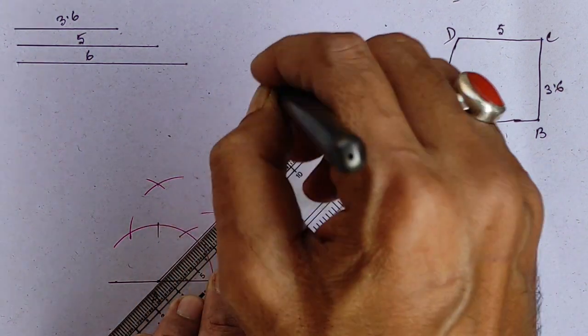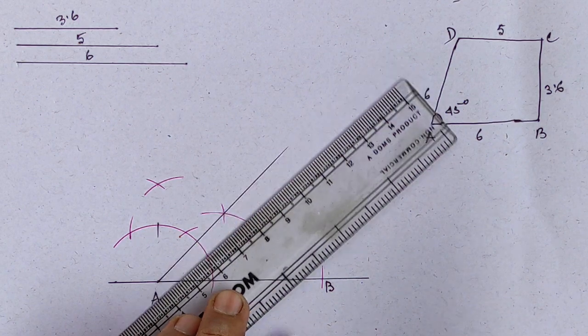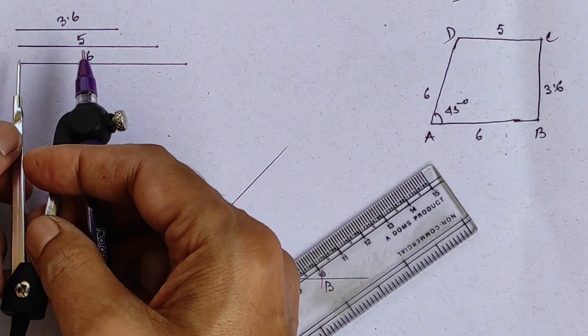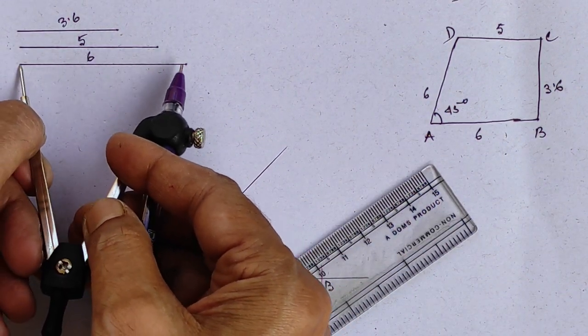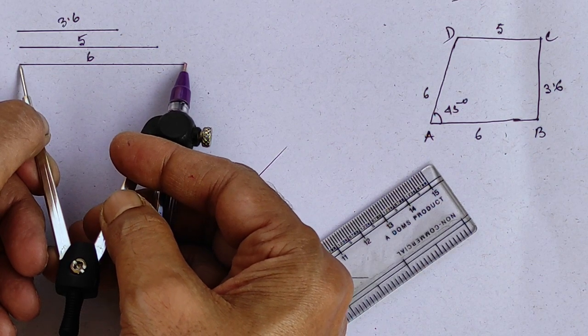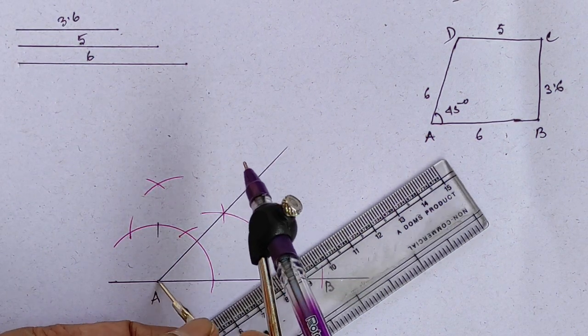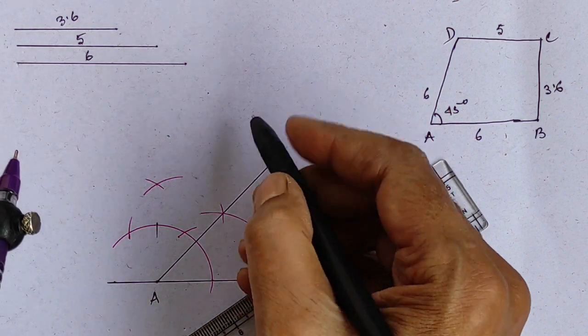This is 45 degrees and D will be lying on that line segment. So measure 6 centimeters from A. This point is D.